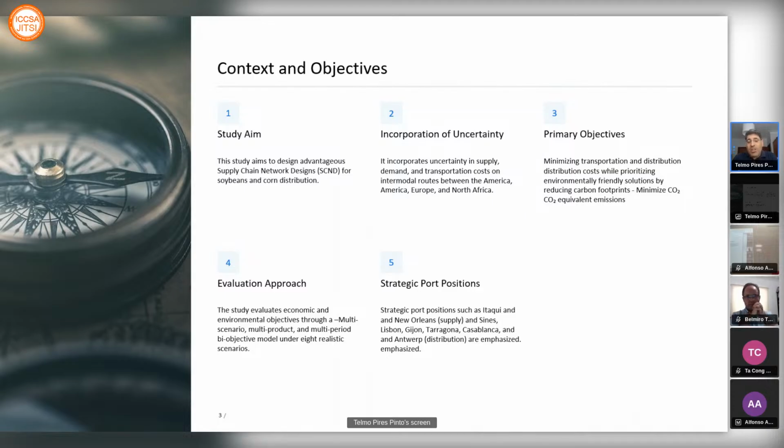Our primary objective is focused on minimizing the transportation and distribution costs while emphasizing environmentally friendly solutions by reducing the carbon footprints. And to achieve this, our study uses a multi-objective model to evaluate both the economic and environmental goals under 8 realistic scenarios. Additionally, strategic port locations are highlighted, including Itaqui and New Orleans for supply, and European and other African ports for the distribution.